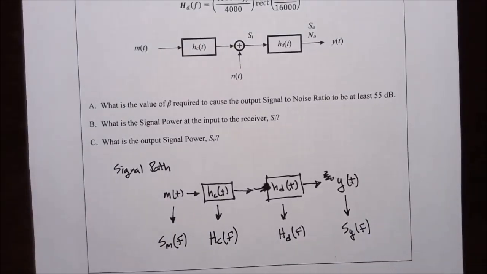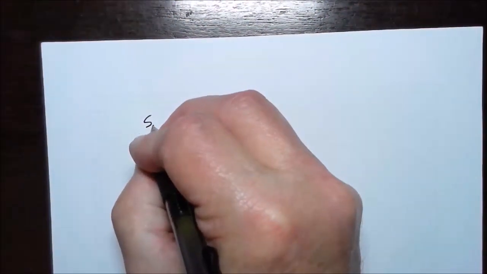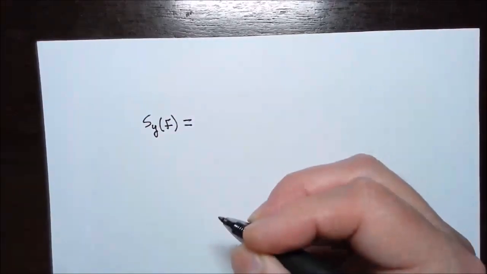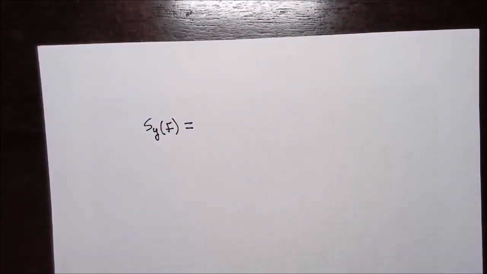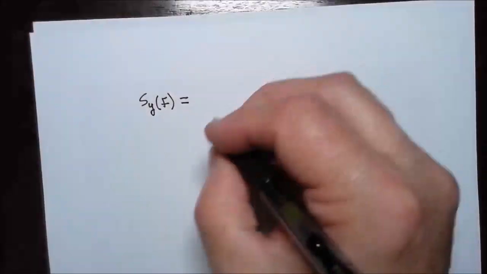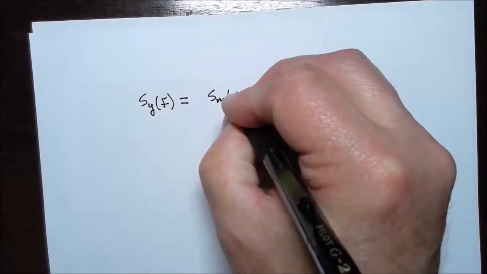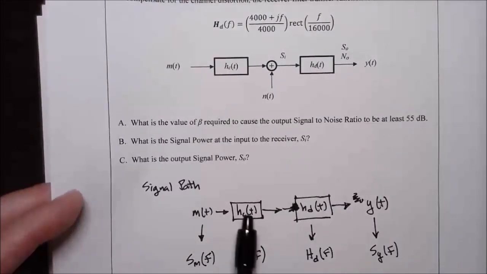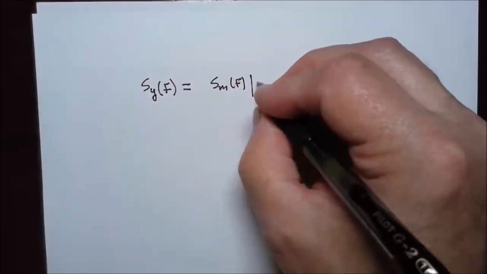Let me get another piece of paper, and we know that the power spectral density of the output signal is going to be, first we have the power spectral density of the input signal times the magnitude squared of the first transfer function.